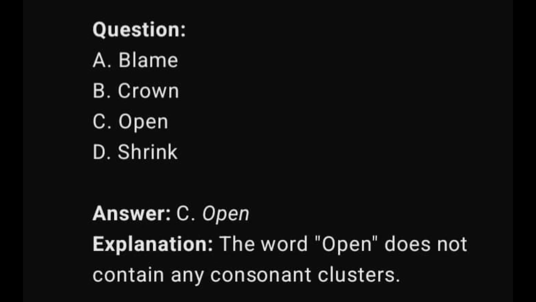The word open does not contain any consonant clusters, but blame has b and l in it, crown has k and r in it, shrink has sh and r in it as consonant clusters, but open does not have any consonant cluster occurring in it. And so option C is our correct answer.